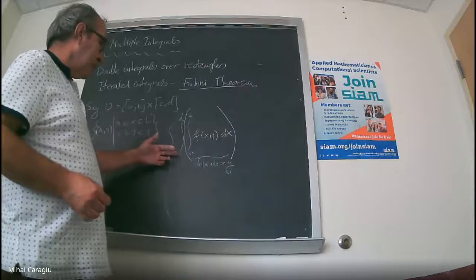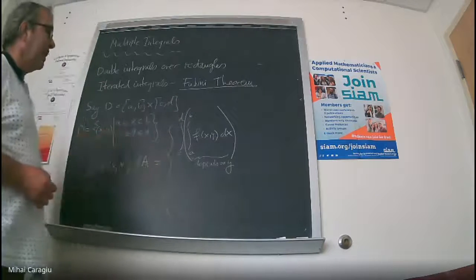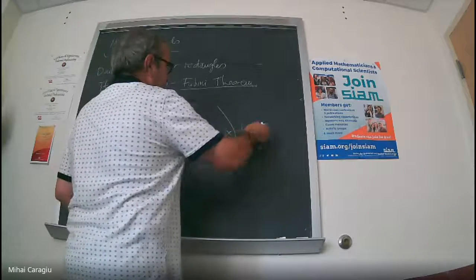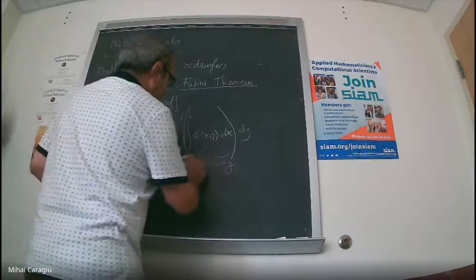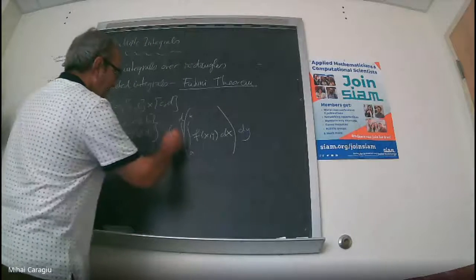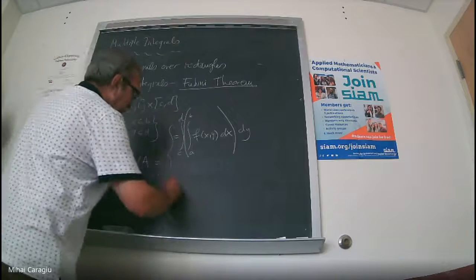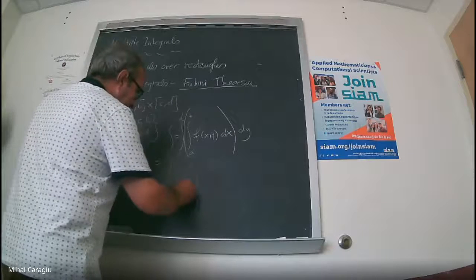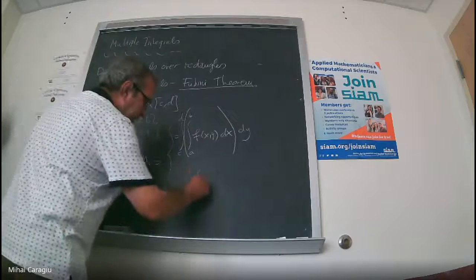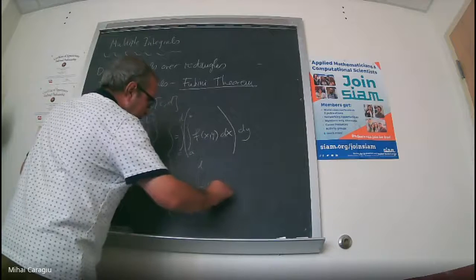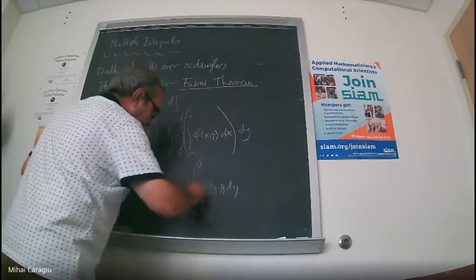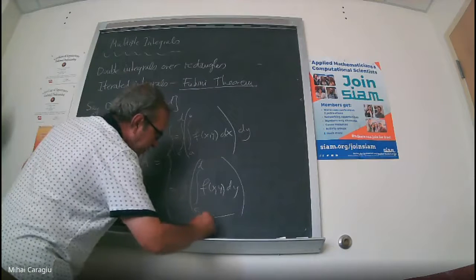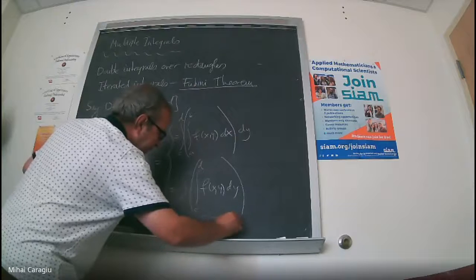Once we integrate the x variable, we get a function which depends on y. We can integrate, because y is between c and d, right? We integrate from c to d whatever we get here which depends on y, dy, and get a number. Or we can do it differently: we can integrate the y variable first and the x variable last. So the integral from c to d first, f of x and y dy, and after we are done integrating the y variable, we get a function which depends on x.